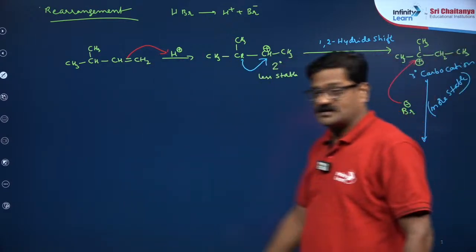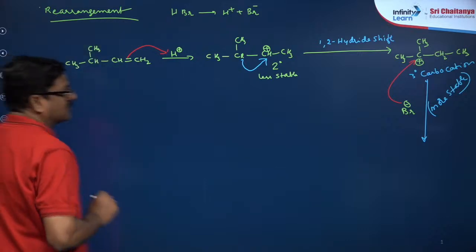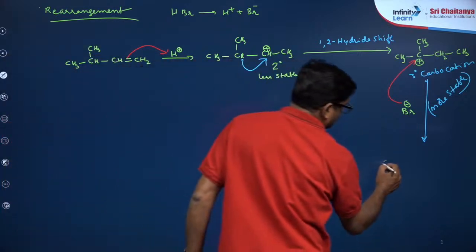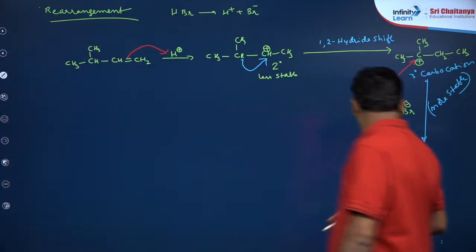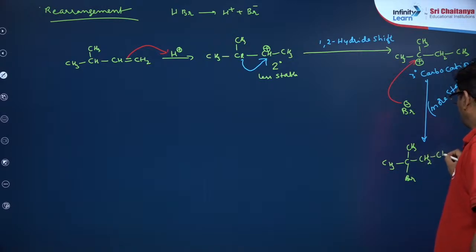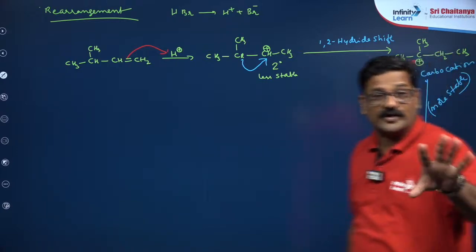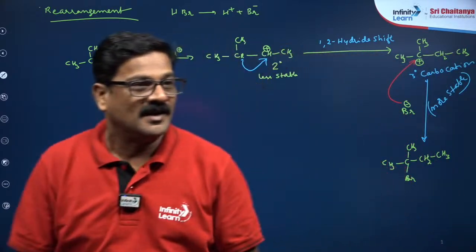So you are going to get a rearranged product. That rearranged product is going to be, unexpectedly, CH3, Br, CH2 and CH3. If you want to use the Markovnikov rule, in a rearrangement the Markovnikov rule will not work.